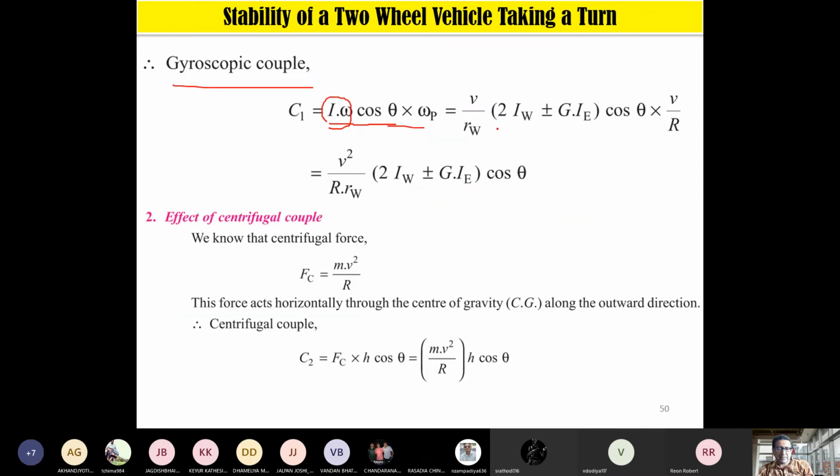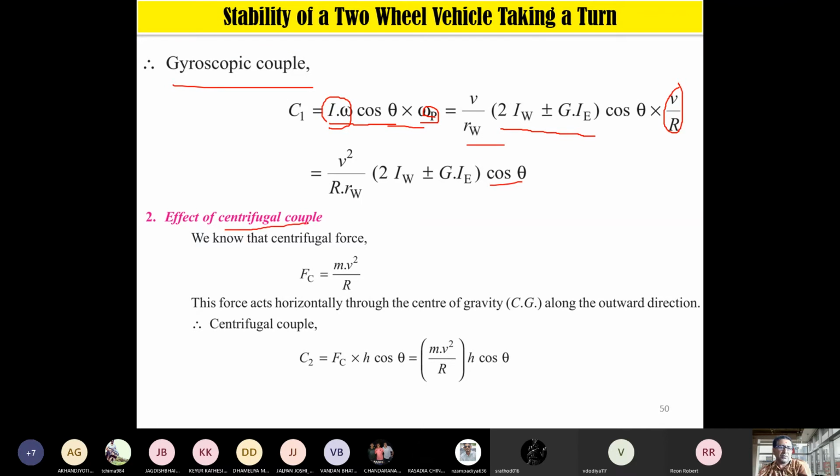So we have replaced it completely: 2 times IW plus G IE, out of the bracket V by RW, and omega p is V by R. Again taking common, V and R are also to be taken out, so that it was already out of this bracket, so V square and R, RW, and this is as it is with the cos function. So this is the gyroscopic couple.